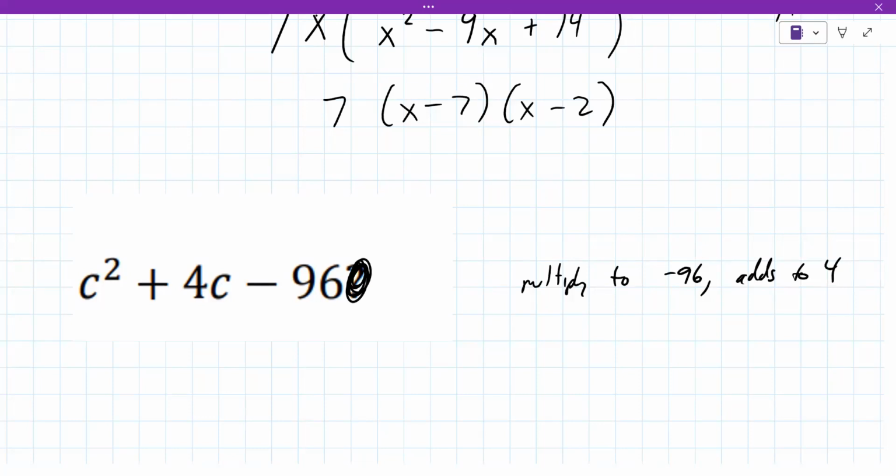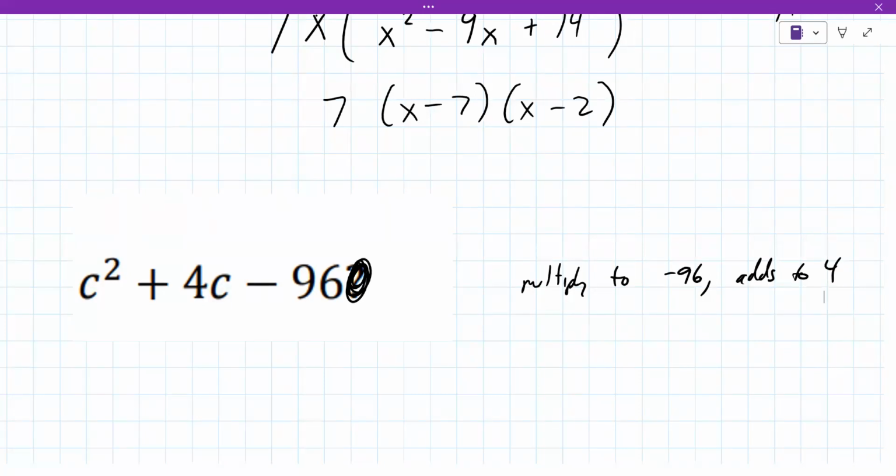Let's see. So it has to be equal to 4, right?